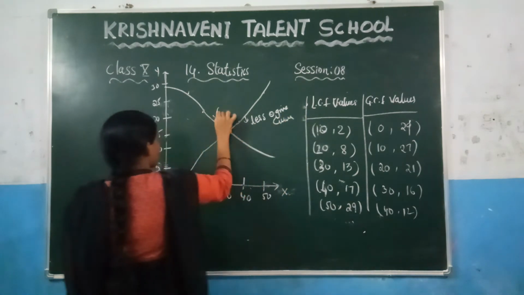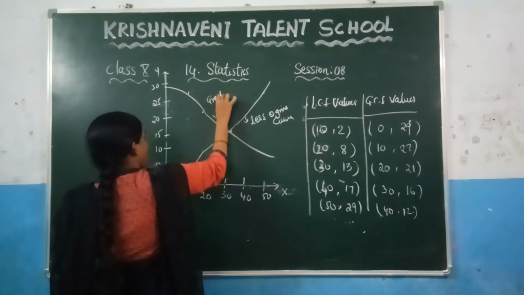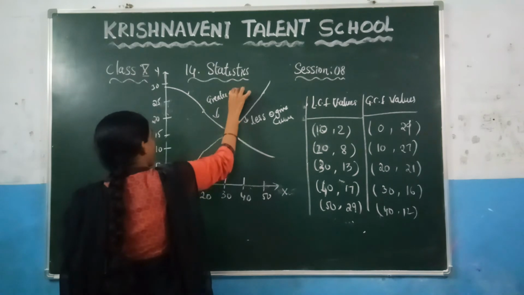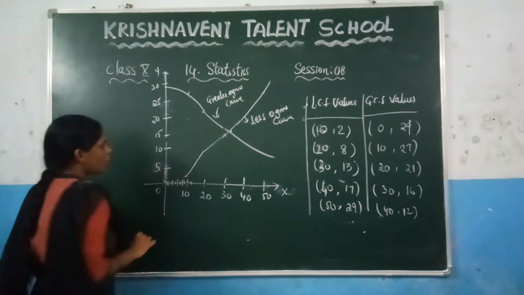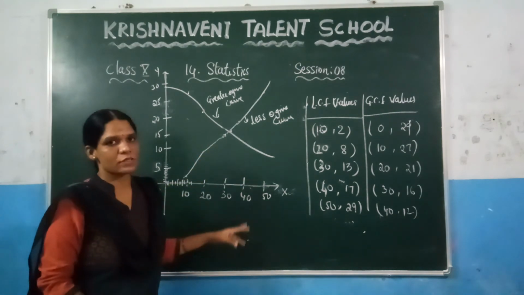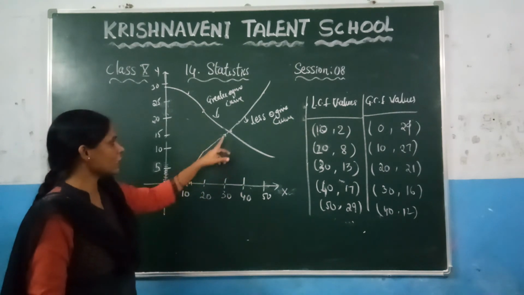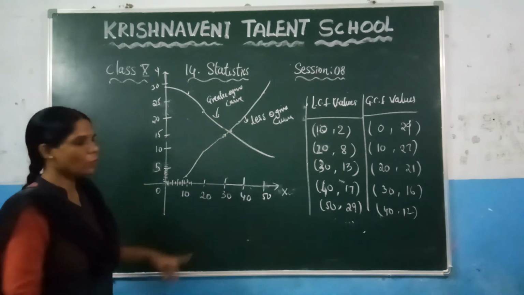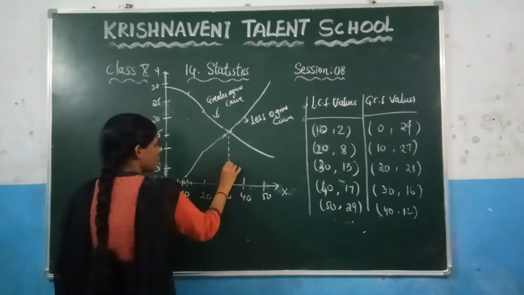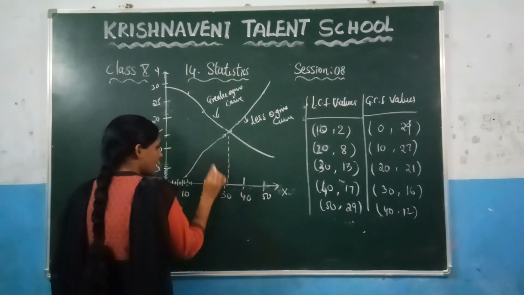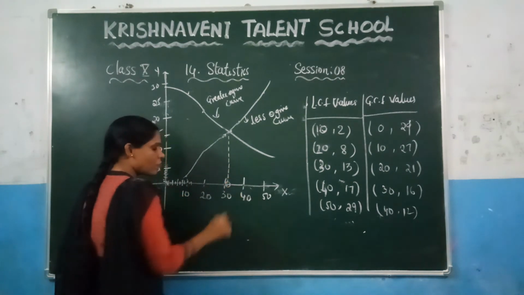And this is the greater ogive curve. And you can observe that after drawing, these two curves are intersecting at one point, right? At that point, draw the line parallel to the y-axis. If you draw the line parallel to the y-axis, where it touches, that should be the value of the median.